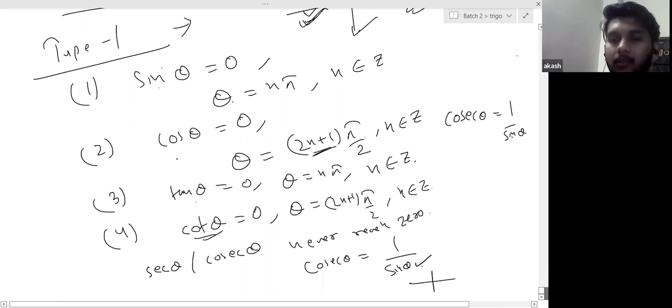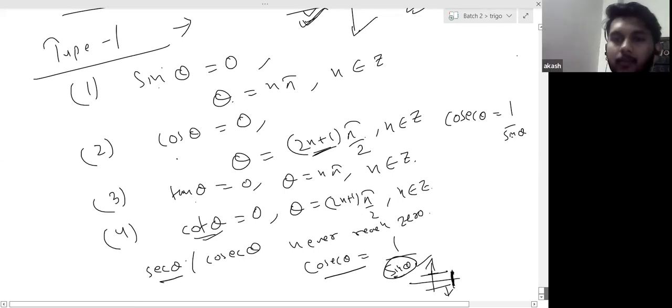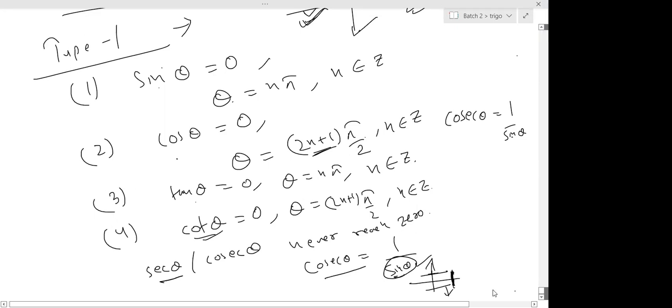But sine theta cannot go above 1 or below -1. Sine is constrained between -1 and 1. Sine is never infinite, so cosec can never be 0. All right. Okay, sir. Same for sec theta, you can change for cos. So noted it down.